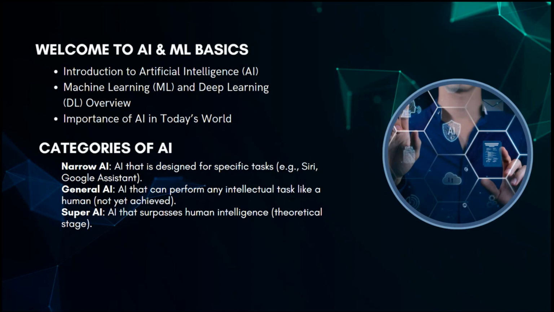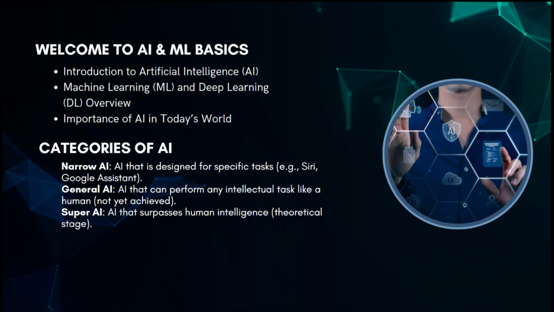Narrow AIs are just simple assistive tools, like Siri, Google Assistant and Samsung Assistant. General AI is not yet achieved, but in the future, machinery will be able to perform tasks on an intellectual basis.